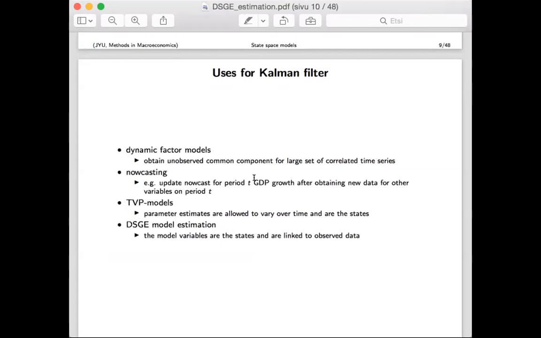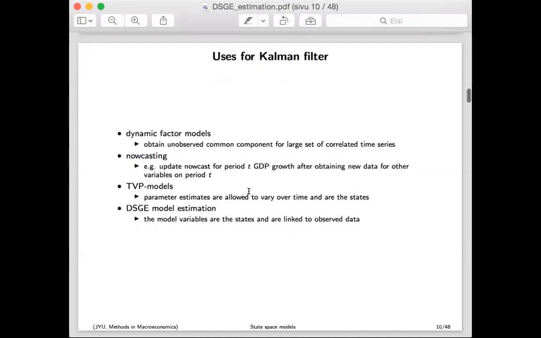Then if one uses a dynamic factor model or VAR for nowcasting, then one uses Kalman filter to get the nowcasts, which is usually a conditional forecast for period T GDP growth when one has for the same period some other variables that are published with a shorter publication lag.